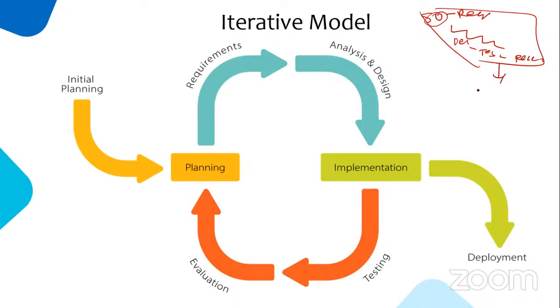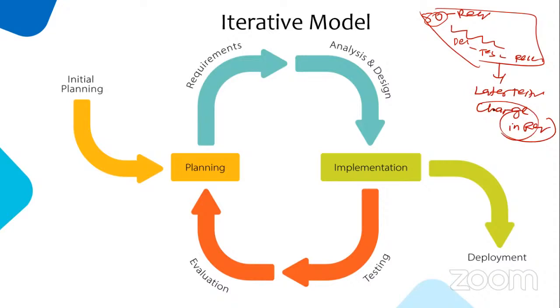One is later testing, that is a problem. Another is change in requirements. So it means there is no proper feedback. These two problems they found in waterfall.